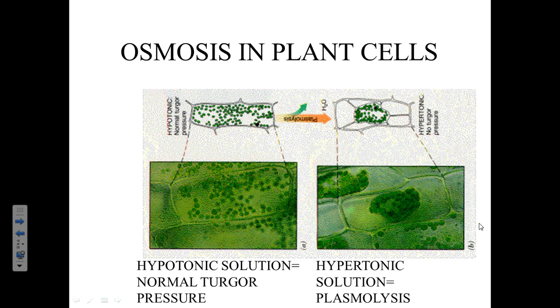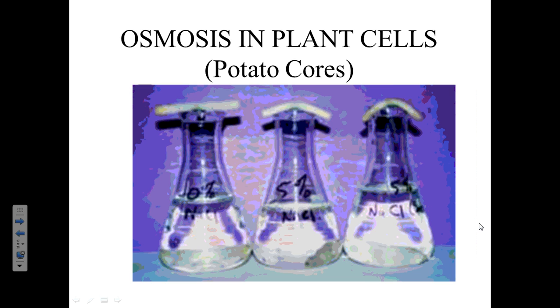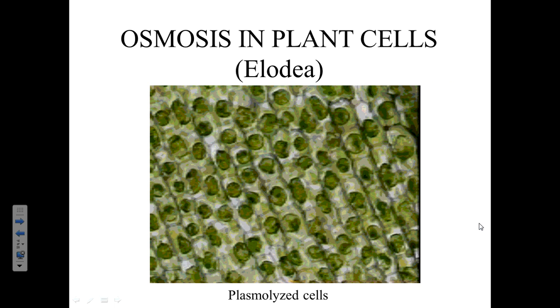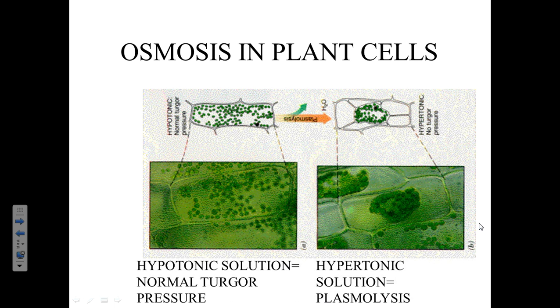All right, one other thing I will mention, and then I'll stop, and we'll do a little stuff out of the book. Something that we're going to do in the lab probably Monday or Tuesday. We're going to take some of that Elodea plant that we looked at, the plant out of the river, and look at it under the scope again.